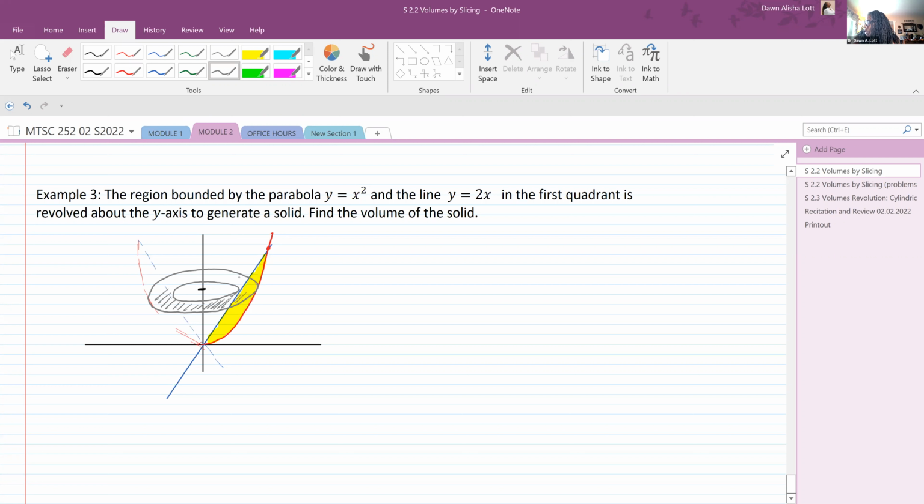I'm not sure who asked me the question, why do we use C and D? We use C and D just to indicate that we're going in the Y direction. So now my washer is going to move this way. Here we go. So my washer is moving up and down.